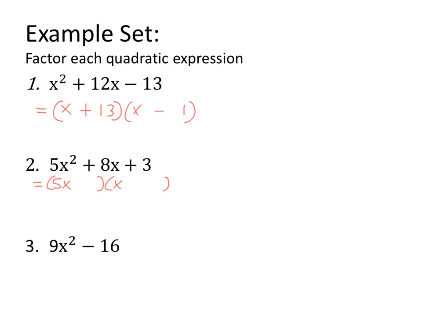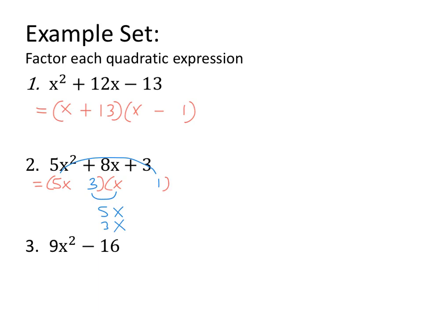Okay, so one of the other options we have is we can put the 3 here and the 1 there. And then we can multiply that out and check. I should have said 5x times 1, which is 5x, and then 3 times x, which is 3x. If I add those up together, they do equal 8x.